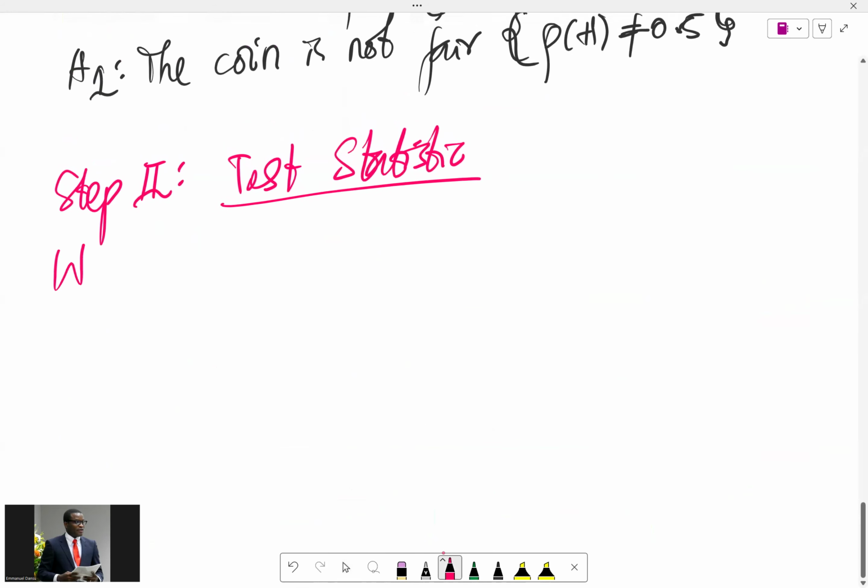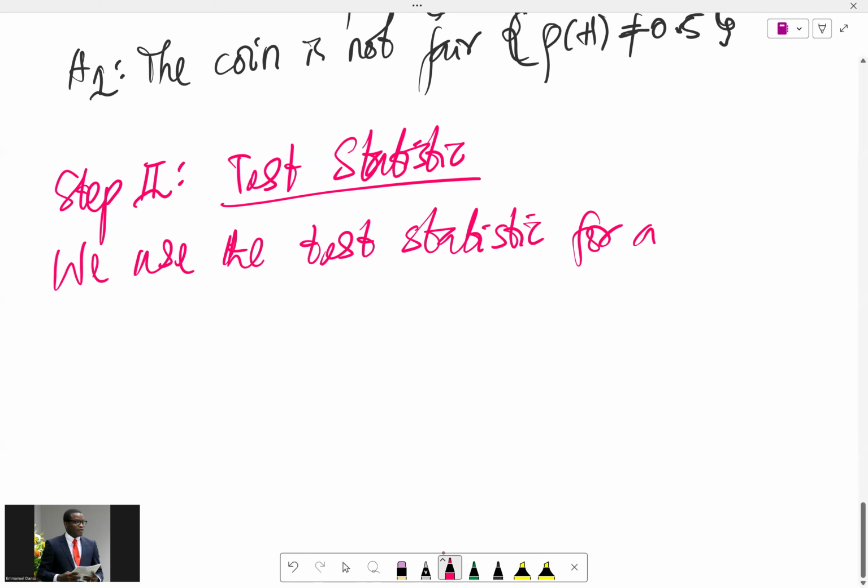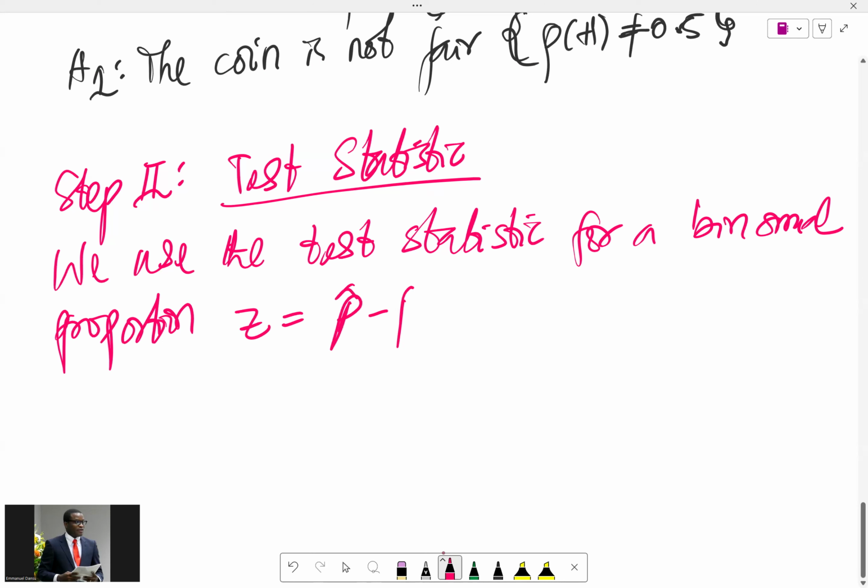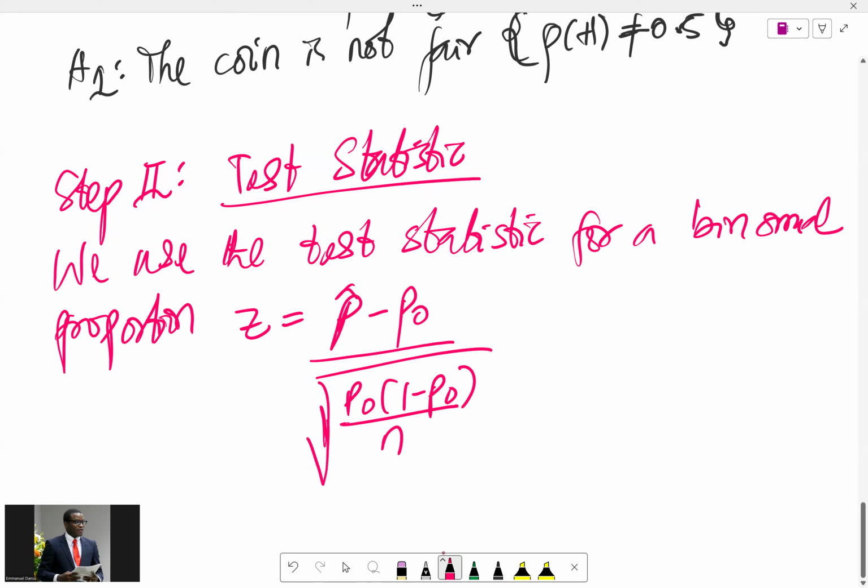So here, we have to use the test statistic for a binomial proportion. In that case, Z is P cap minus P naught divided by square root of P naught times 1 minus P naught, all over N. Okay, so what are the components now?